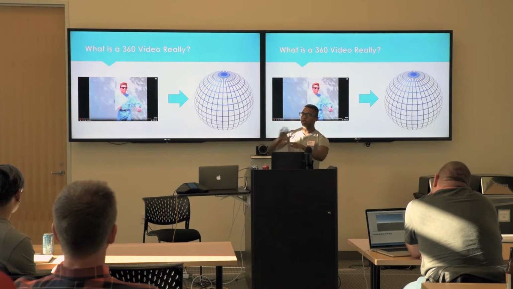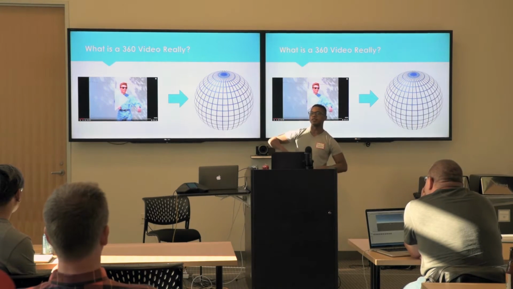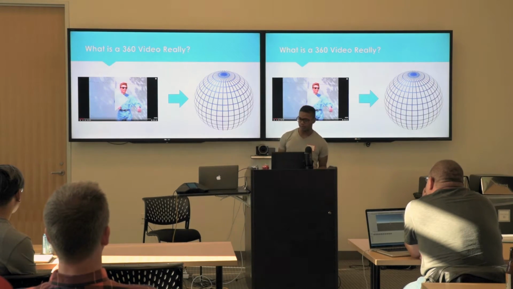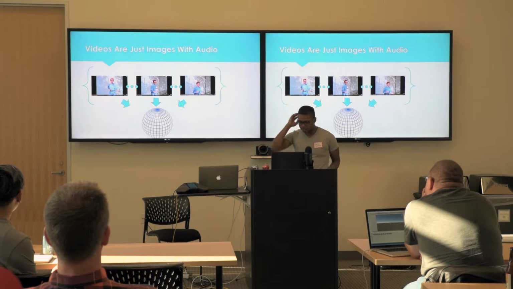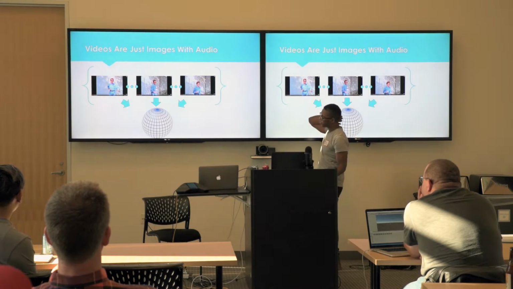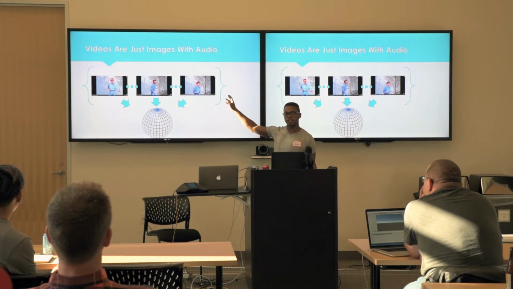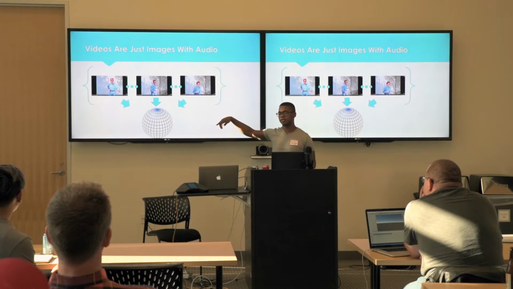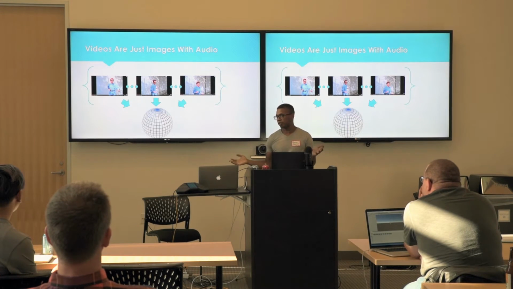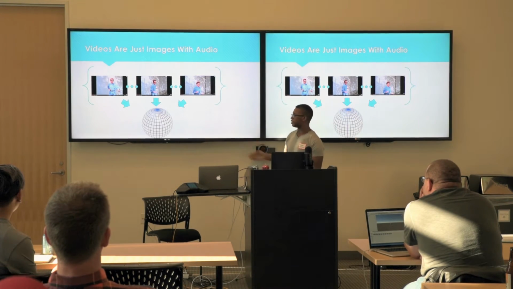It could be spherical, it could be cylindrical, whatever. You're inside of it, you're looking, right? And if you want to break it down a little bit further, basically all you're really doing is taking a sequence of images and applying each of those images to that mesh, right? That's what a video file is. It's just a sequence of images, right?